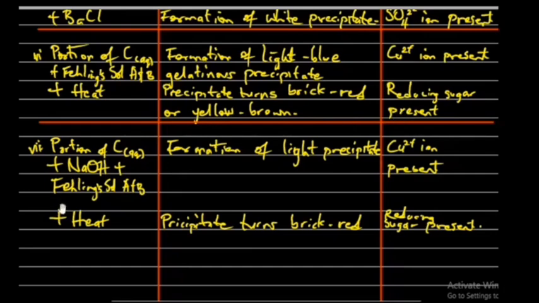Also, testing with sodium hydroxide and Fehling solution, we found formation of a light blue precipitate, and this told us that there was copper 2 ion in that substance. And when we applied heat to it, the precipitate turned brick red.